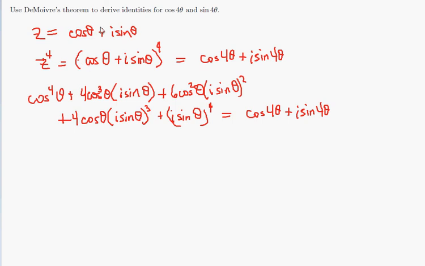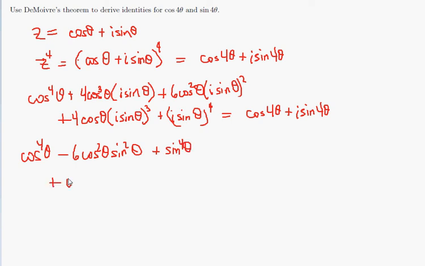Let's now collect the real and imaginary parts. The real parts would go cosine theta to the fourth. The third term would be minus 6 cosine squared theta times sine squared theta. And the last term is sine of theta to the fourth.